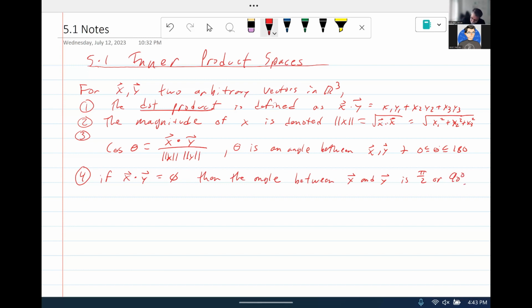This is referred to as orthogonal, which just means perpendicular, because the cosine of 90 degrees is 0.